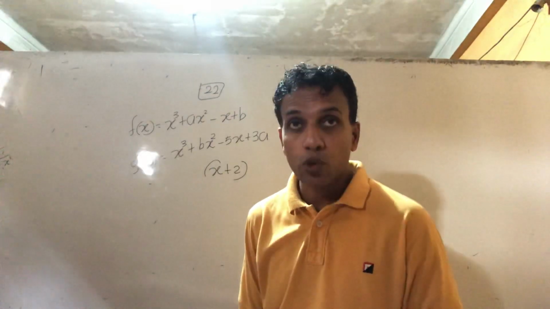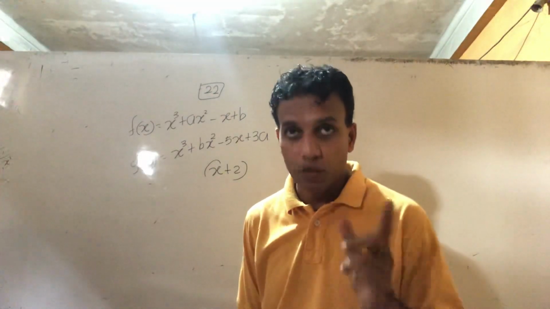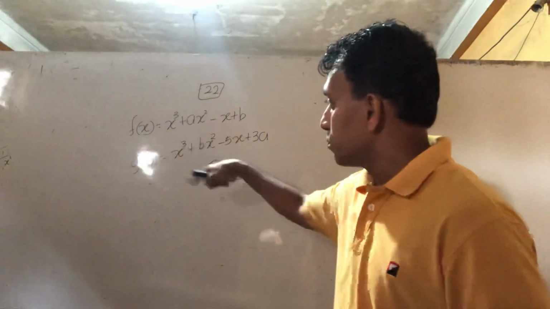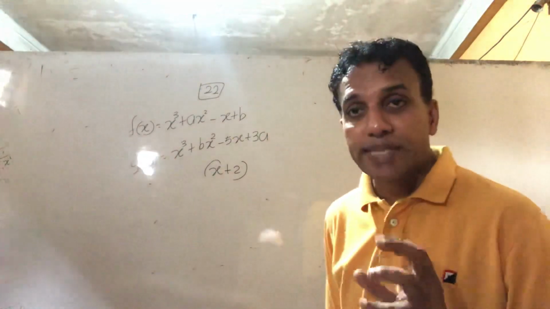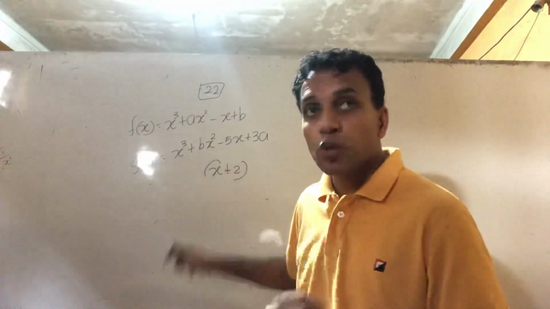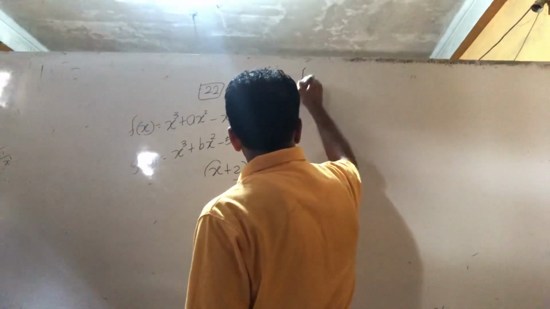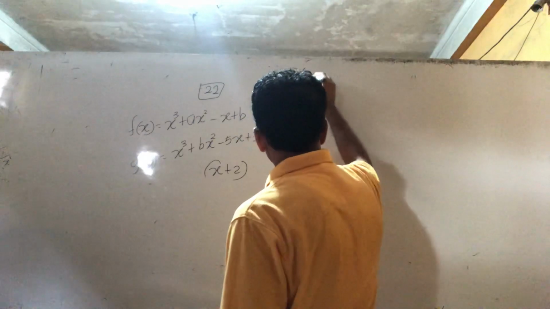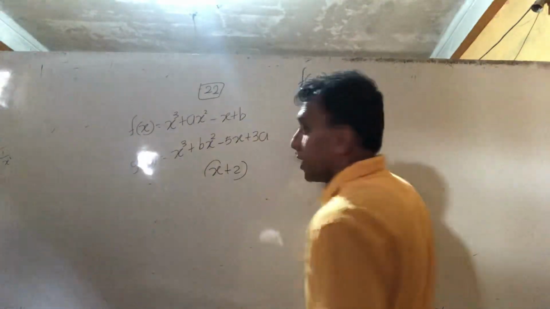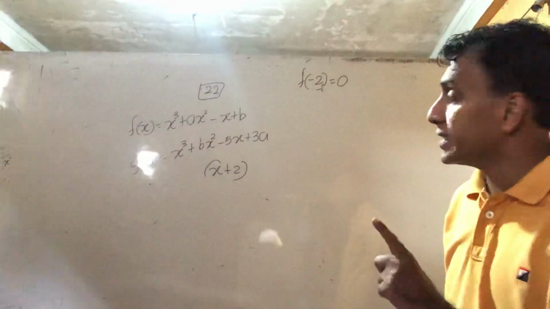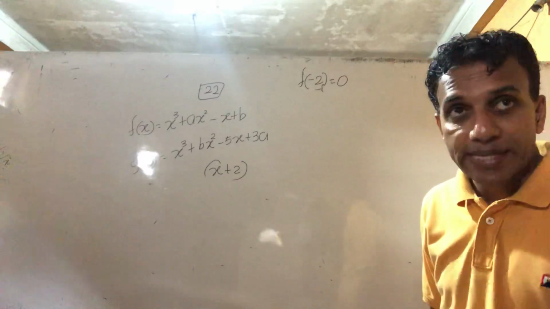Problem 22 in my first tute of polynomials. So what is the idea of the factor theorem? If x plus 2 is a factor, then you know f of minus 2 is 0. That is the factor theorem.